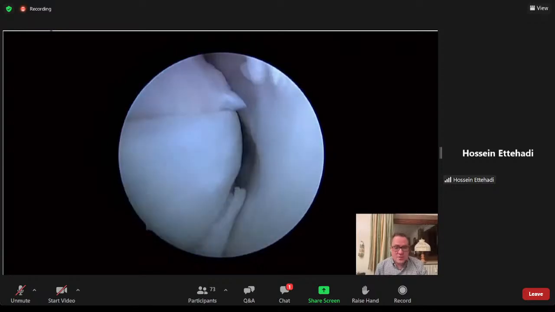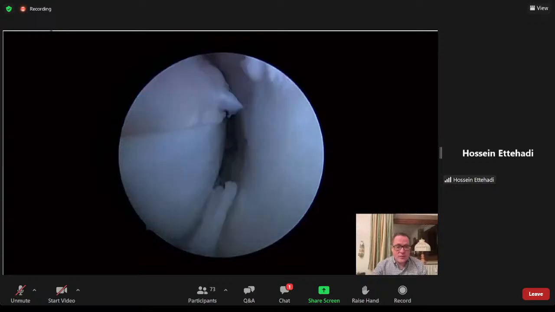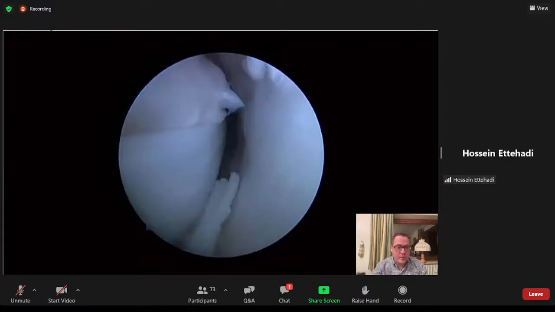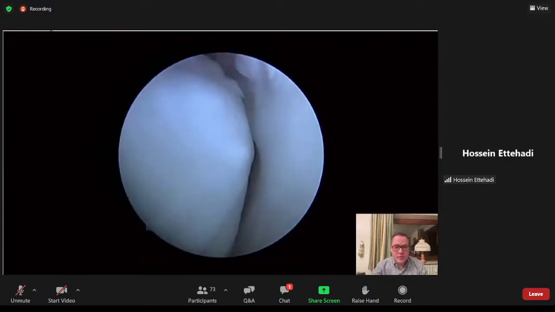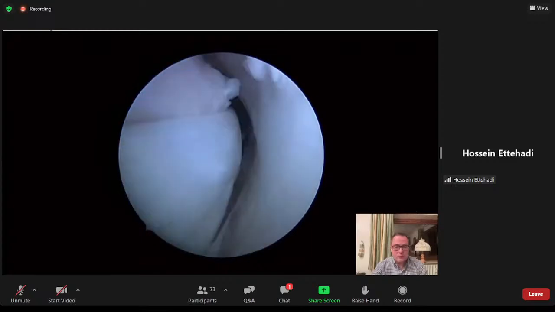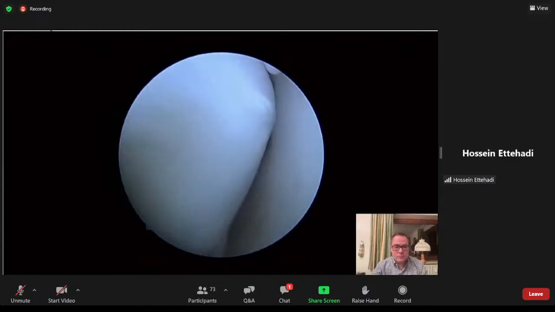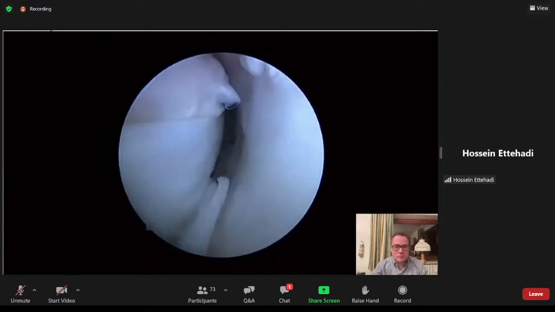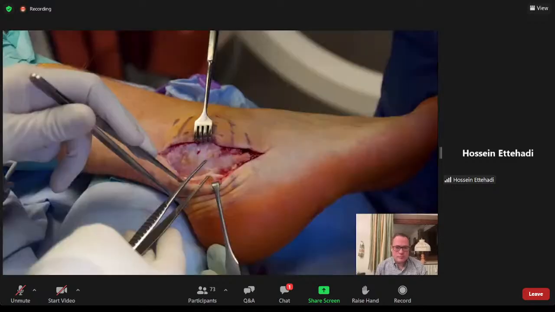This is one of my patients with peroneal tendon instability. I always start with a peroneal tendinoscopy, which helps you establish the instability very well. You can see the peroneus longus tendon popping over the tip of the distal fibula very well. Then I do a longitudinal incision behind the distal fibula.